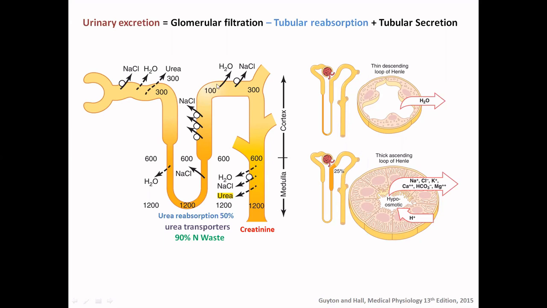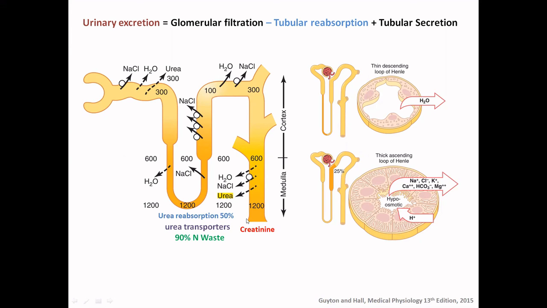In this case, it is also mostly impermeable to water, but the water permeability depends on the presence of ADH. It is very less permeable to water, but the quantity of ADH determines the quantity of water reabsorption in the distal convoluted tubule as well as the collecting ducts, as well as sodium chloride.